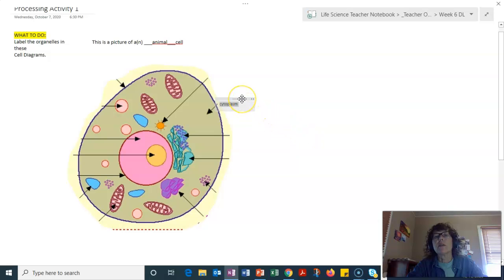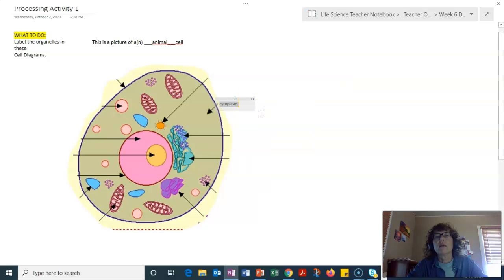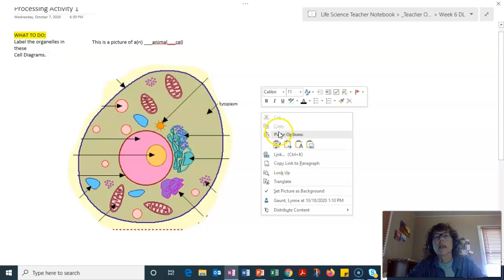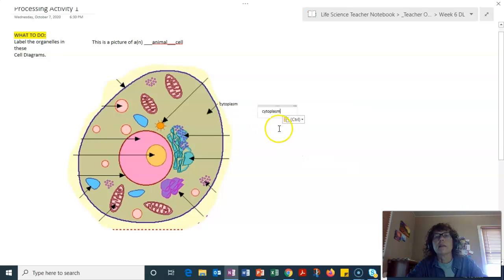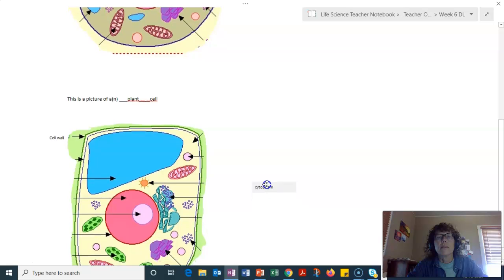And here's a tip that you can do. If I click on this guy and right click and copy and right click and paste, then I have another cytoplasm word that I can drag down here to where the plant cell is and add it to this box.